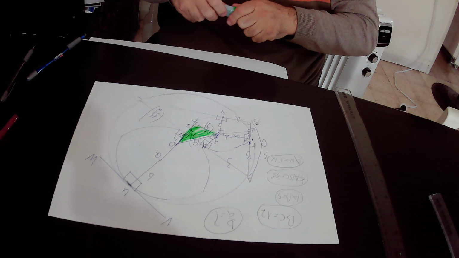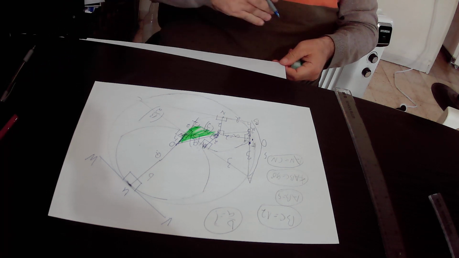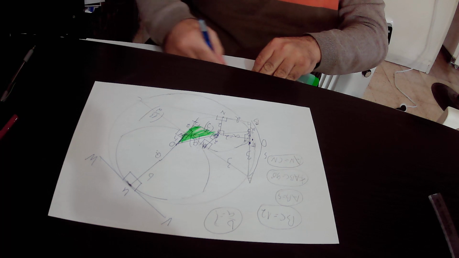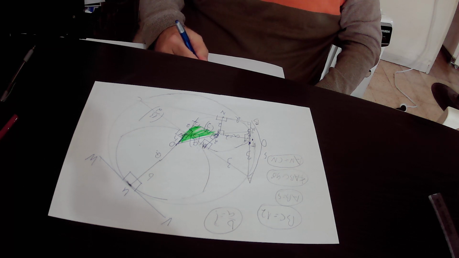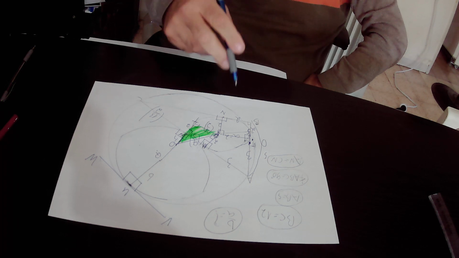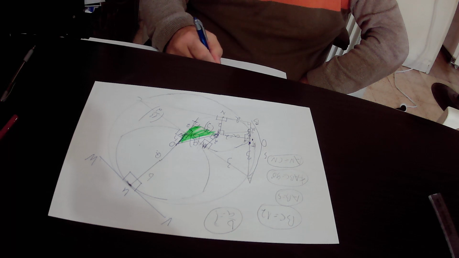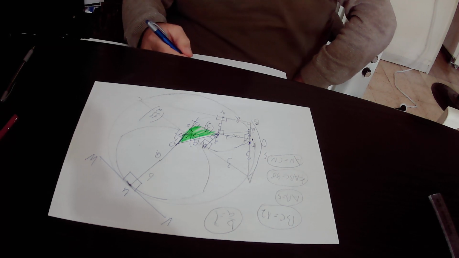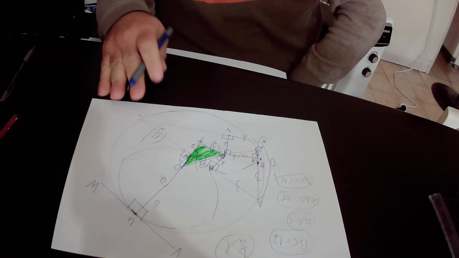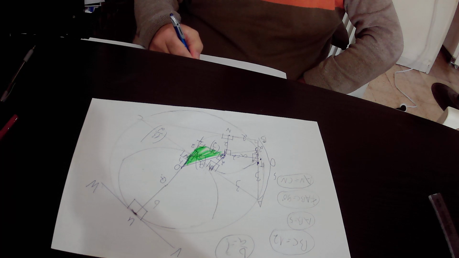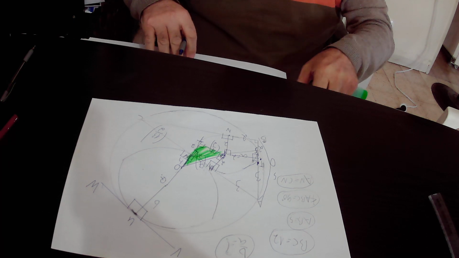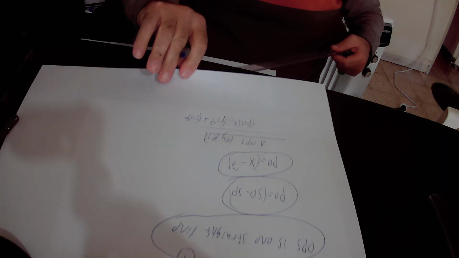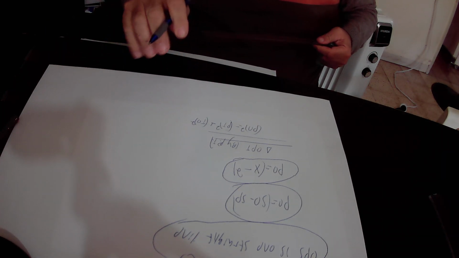In the right green triangle OPT, we get that according to the Pythagoras theorem, PO squared equals PT squared plus TO squared.